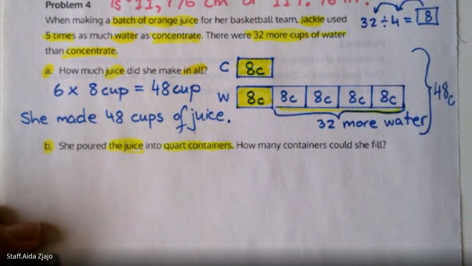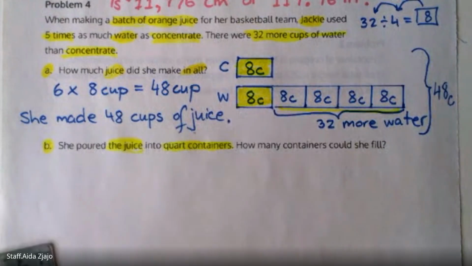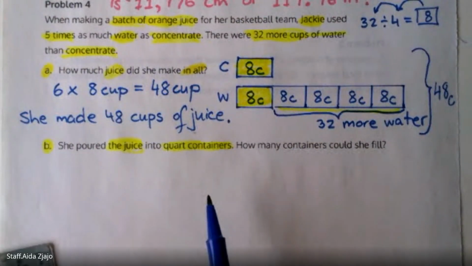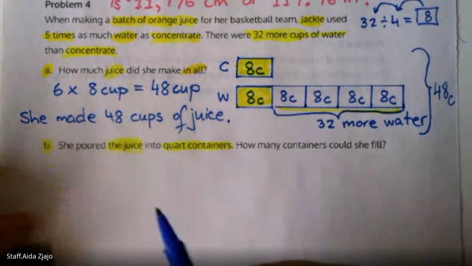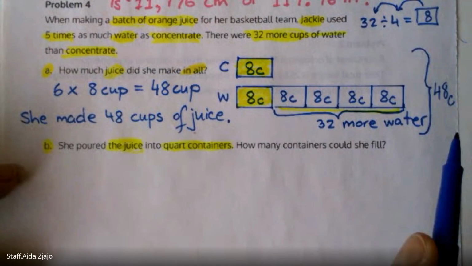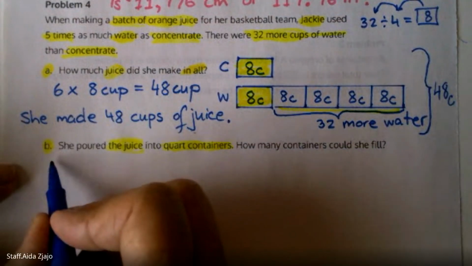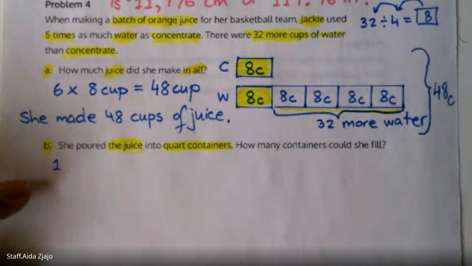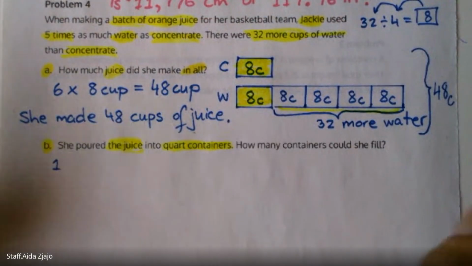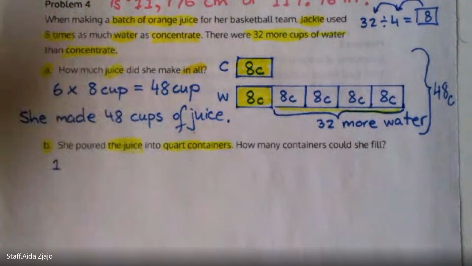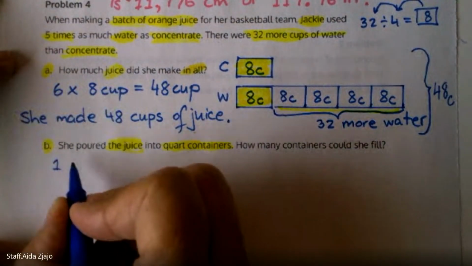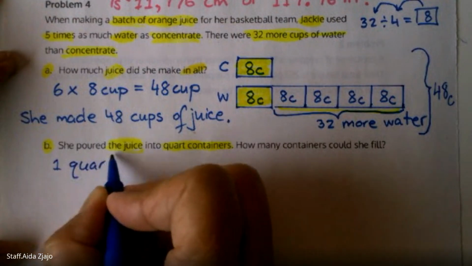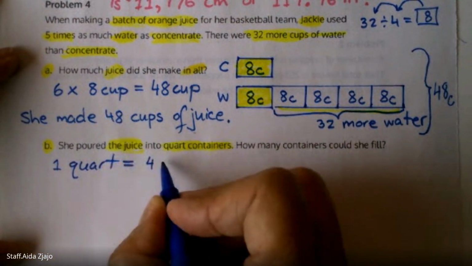She poured the juice into quart containers. So it's going to be 48 cups, and each quart is 4 cups. Sorry, 1 quart is 4 cups. 1 quart equals 4 cups.